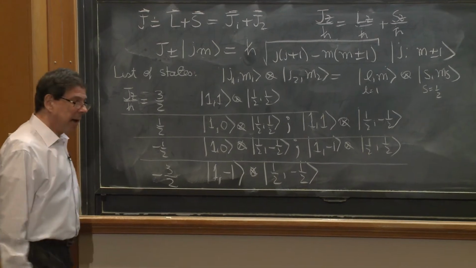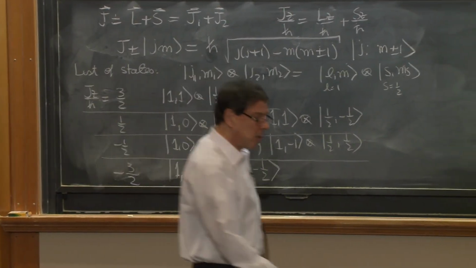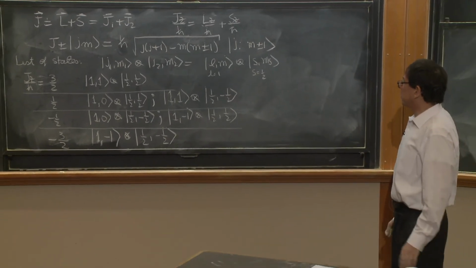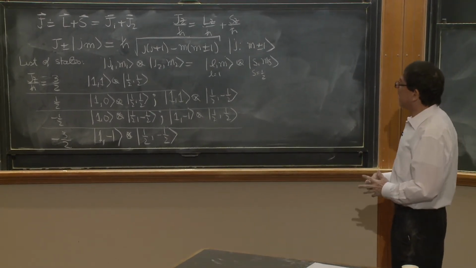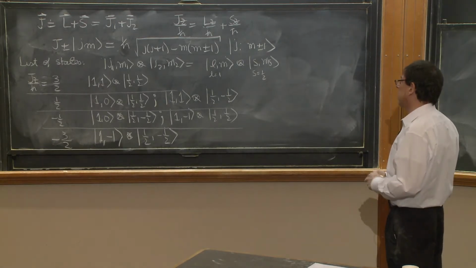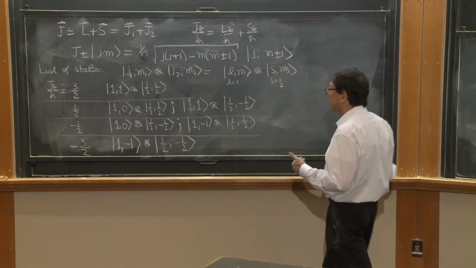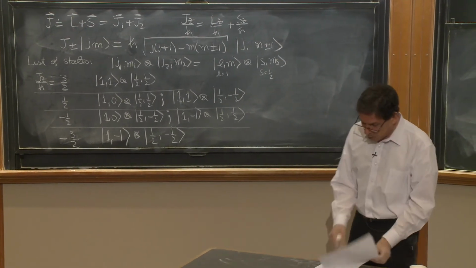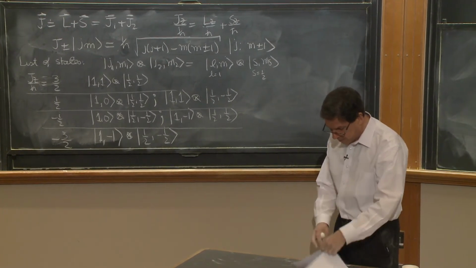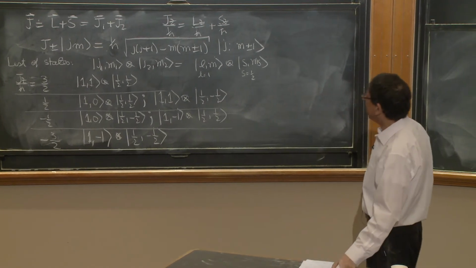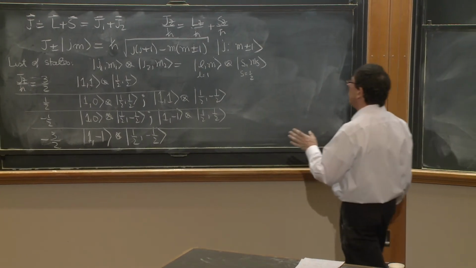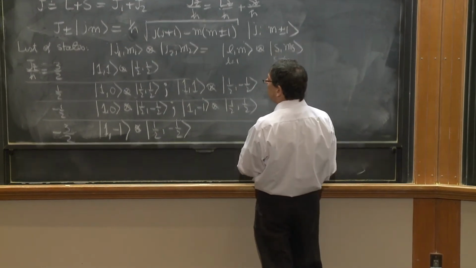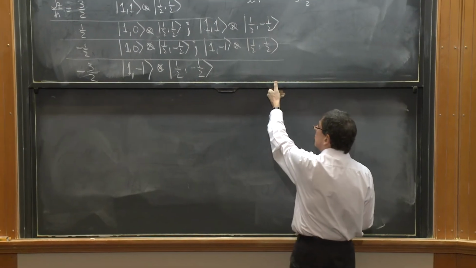But although they're eigenstates of Jz, these are not quite eigenstates of J squared. And we are still not done, because we need eigenstates of J squared. Eigenstates of the total angular momentum should be eigenstates of Jz and J squared. So here we are supposed to form states that are eigenstates of J squared and Jz.